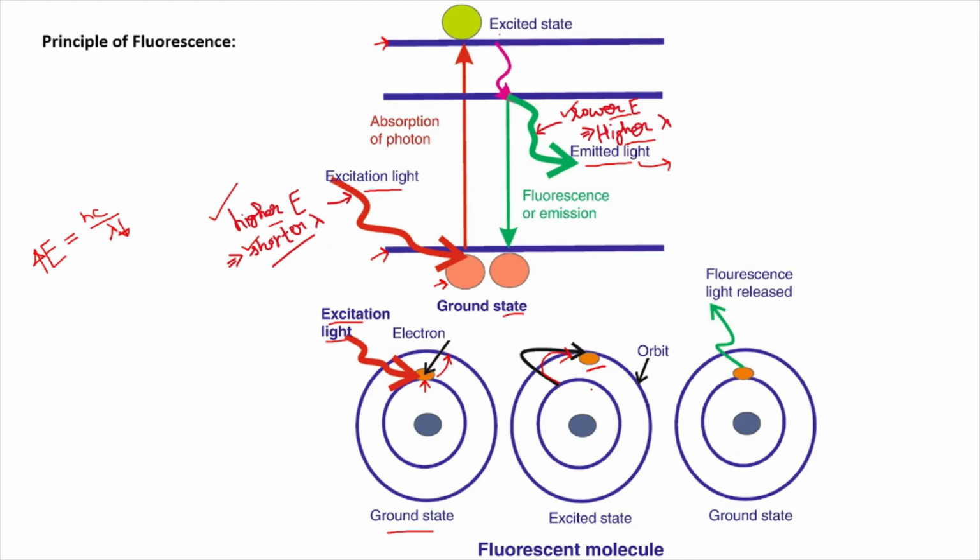Now after some time, when it returns back to the lower energy level, what will happen? It will emit the absorbed energy in the form of light, which is called fluorescent light. This light is of lower energy and hence higher wavelength. This is the principle of fluorescence, and on this principle the fluorescence microscopy works.